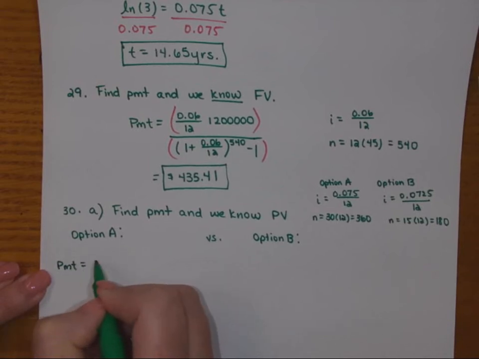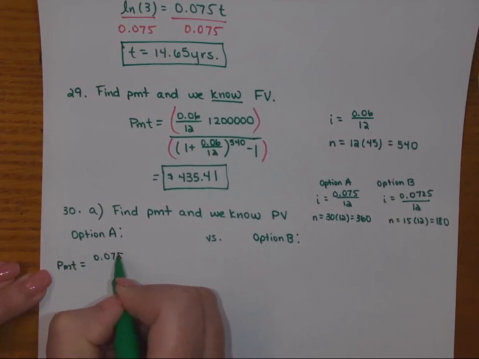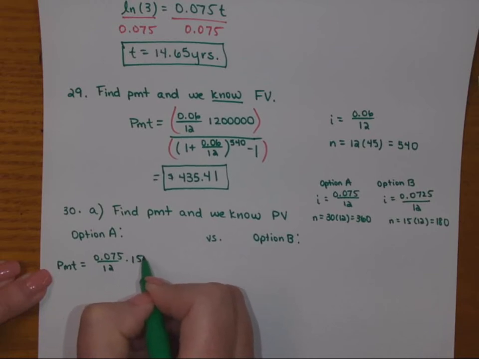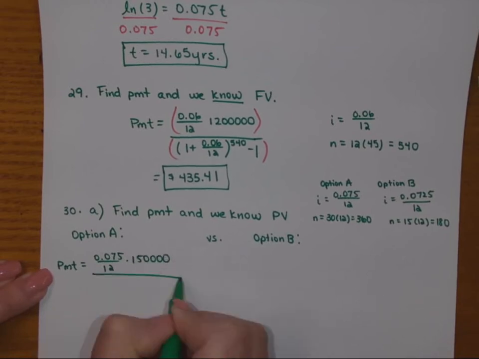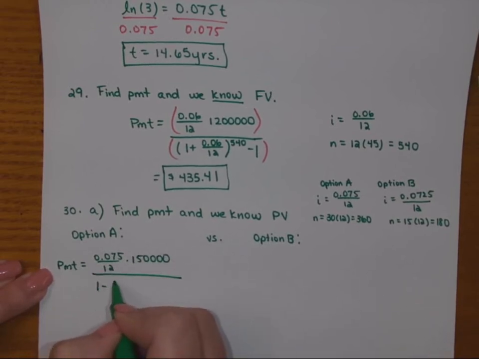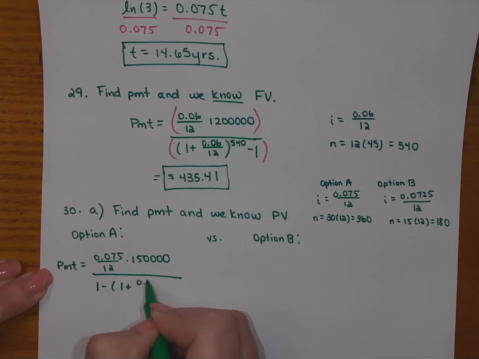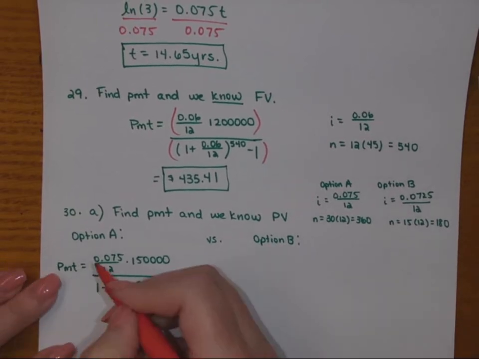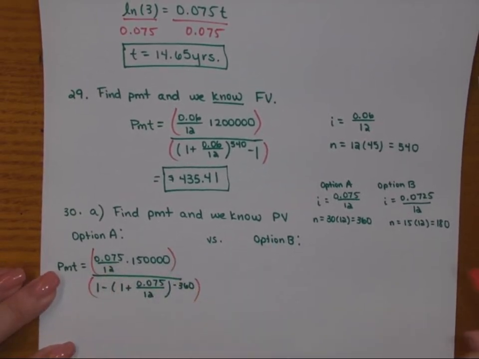All right, so let's get to it. So the payment is going to be that first number over 12, times the $150,000 that the house is being refinanced for, over 1 minus 1 plus the same fraction, raised to the negative 360th power. So parentheses, parentheses.